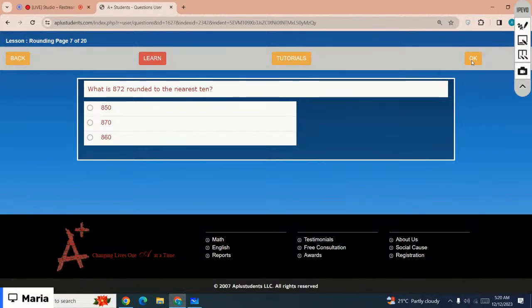You have to round to the nearest 10. Just read the question carefully. 872 is rounded to the nearest 10.